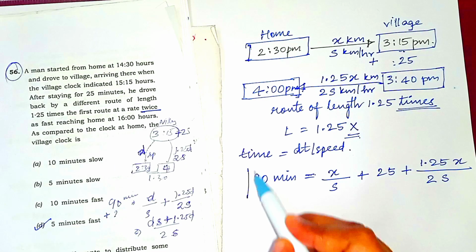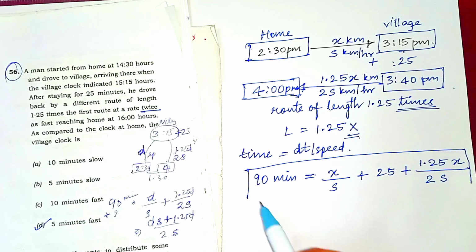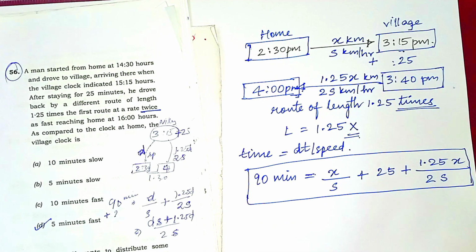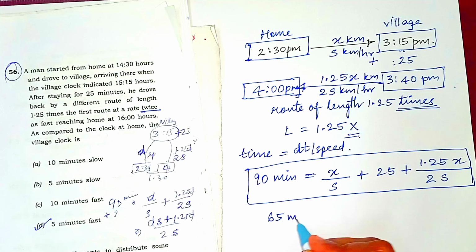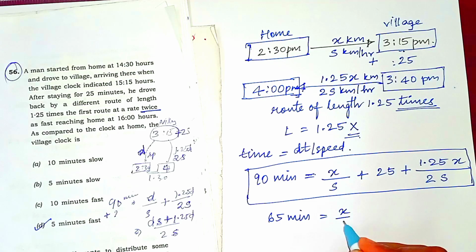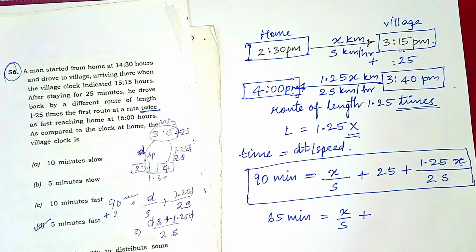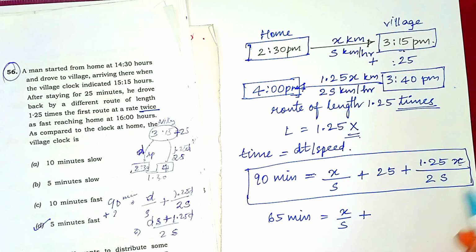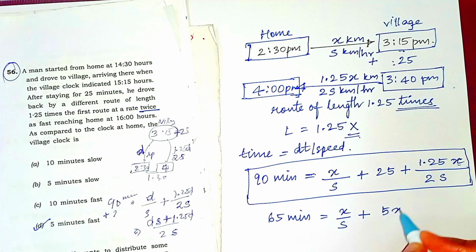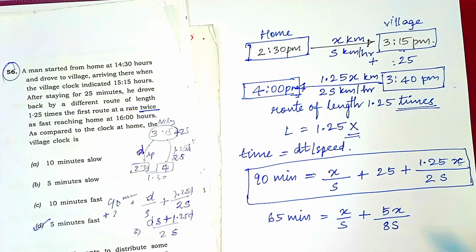If you understand this equation, rest is just processing. So 90 minus 25, we take it as 65 minutes, is equal to x by s. Just to make this fraction easier, let's make it a round number. I'm multiplying by 4, it would be around 5x by 8s.